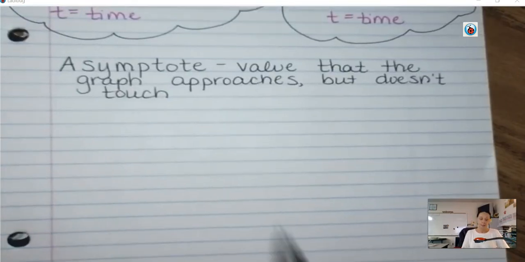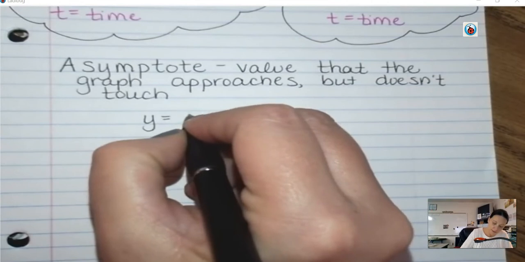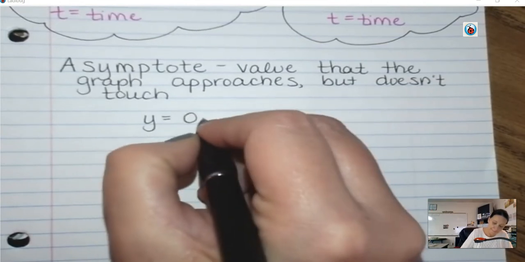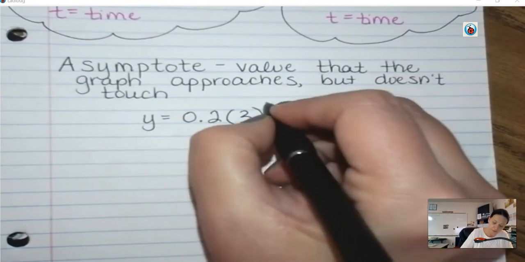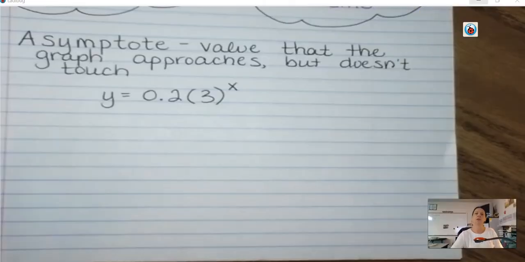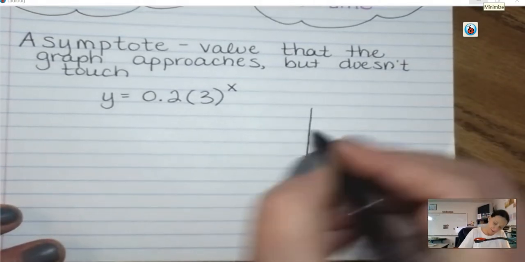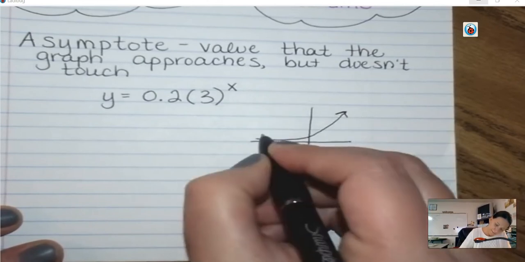So for instance, on an equation like y equals 0.2 times 3 to the x power, when I have this graph, it's going up something like that.